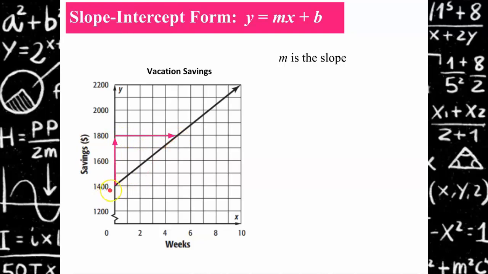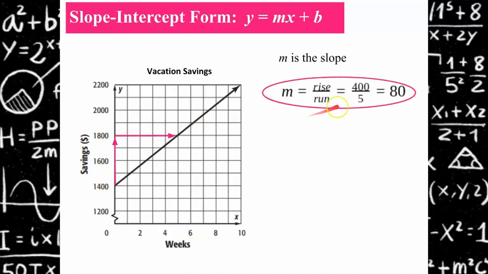So right here, I'm going to rise from 1400 to 1800, which is a rise of 400. And then I'm going to run to the right, 1, 2, 3, 4, 5. So that's my run. When I divide 400 by 5, I get 80. So the slope of this line is 80.